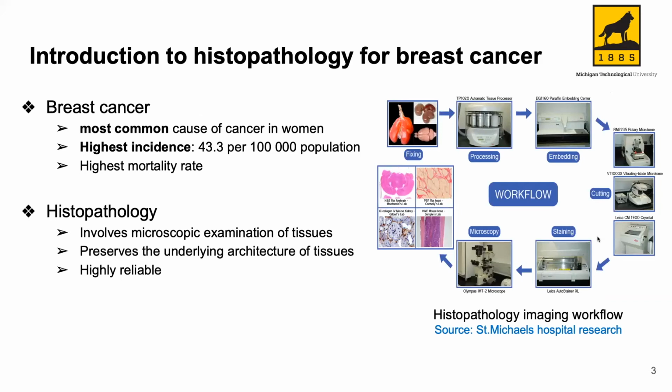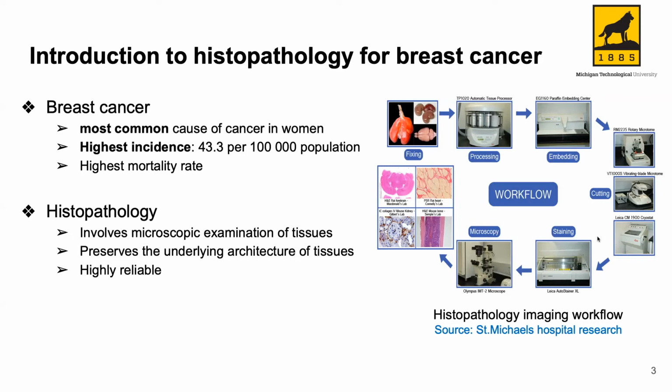Breast cancer is very prevalent among women, and it has a high mortality rate, and it's a devastating disease for a patient. Histopathology is the gold standard to detect whether the tumor is carcinogenic or not.